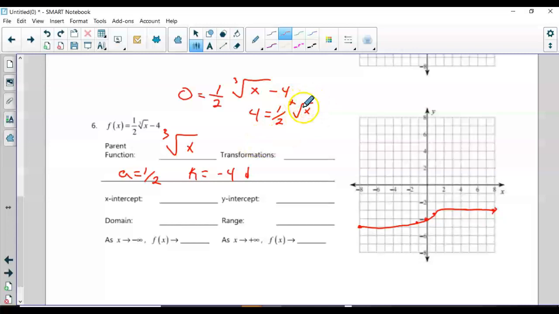Well, it's actually not that far. It's actually fairly close, isn't it? This is a 3. Okay. So if I multiply by 2, I get 8. Because this is equal to the cube root of x.